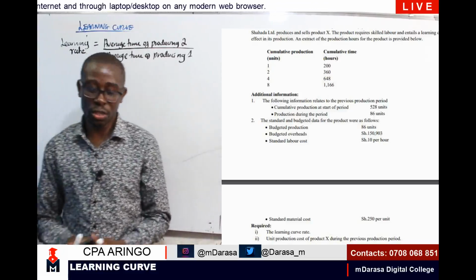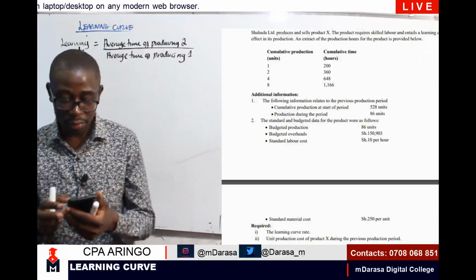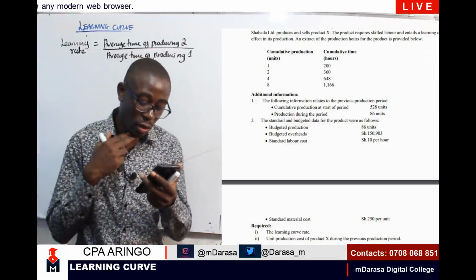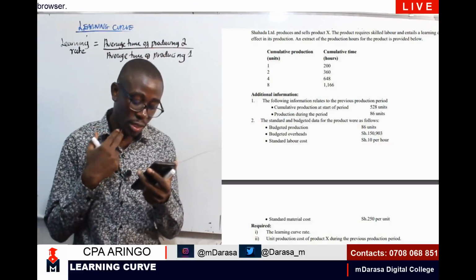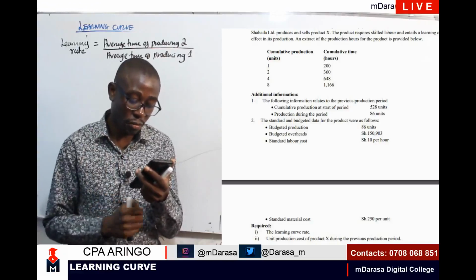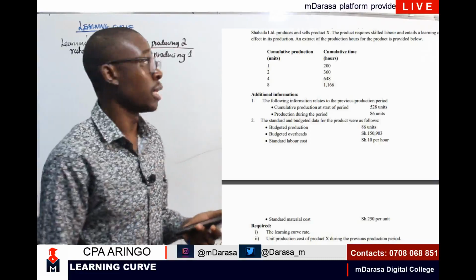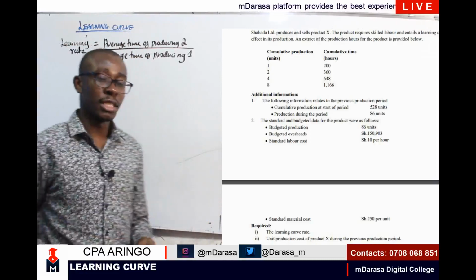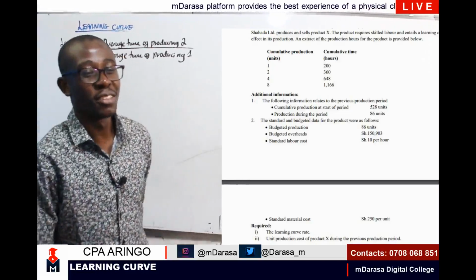Like in our question here, we can clearly see I was given our cumulative production and our cumulative time. I am asked to determine our learning rate, but do we have the average time? We don't have an average time. Now, if you're not given your average time, will you not proceed?